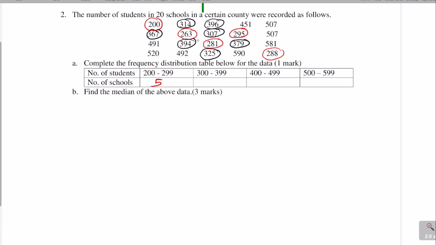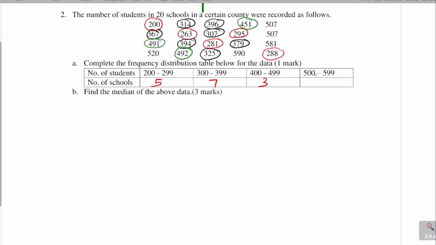Let me see. 300 to 399. We have 1, 2, 3, 4, 5, 6, 7. There's 7. Then from 400 to 499, there are only 3. 1, 2, 3.